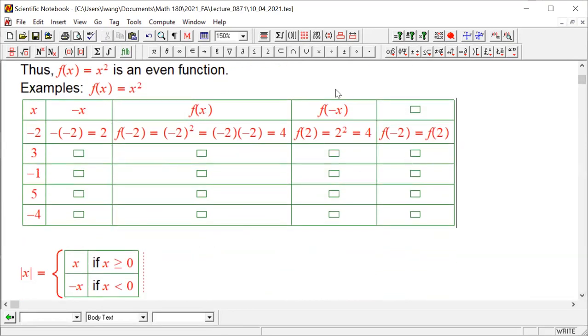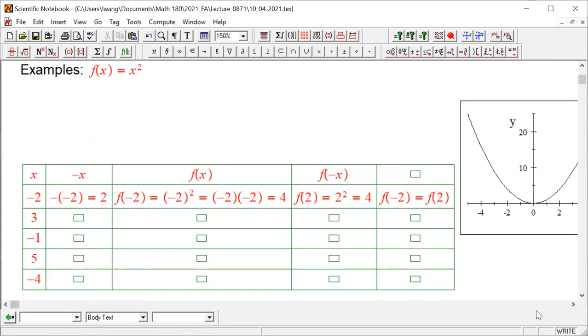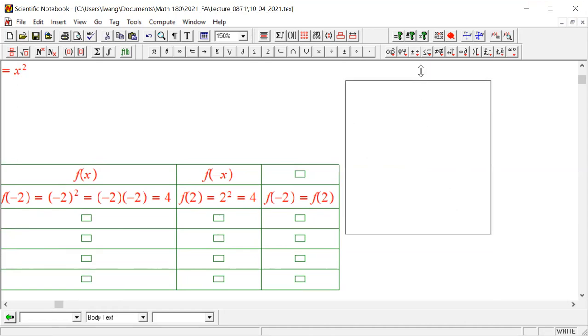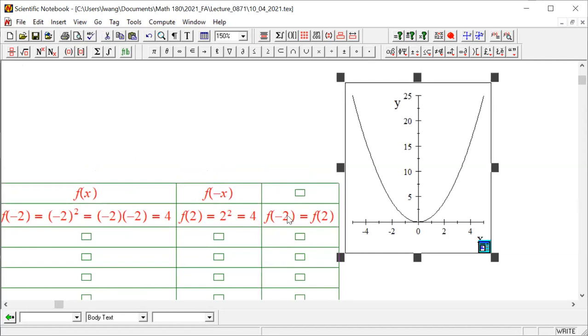What does it mean f of negative 2 is the same as f of 2? Negative 2 and positive 2, these two numbers are opposite, but they're inputs.